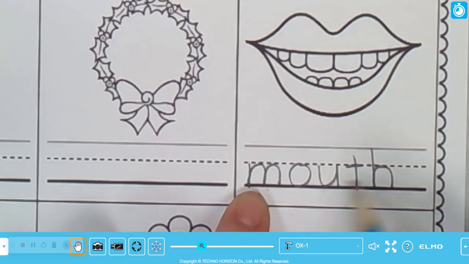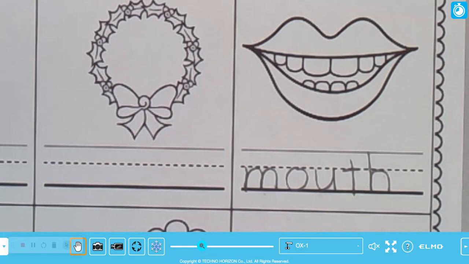Go ahead and write that down. And as you're writing that down, I'm going to give you a sentence for the word mouth. My mouth hurt because I needed to put on chapstick.